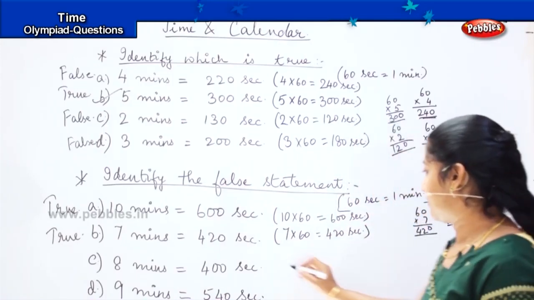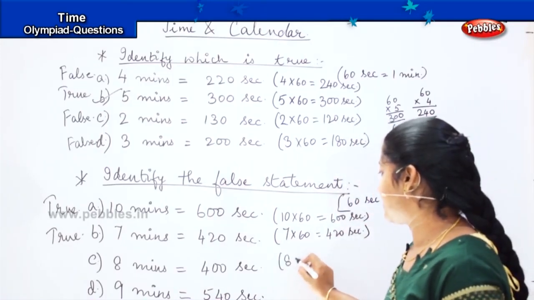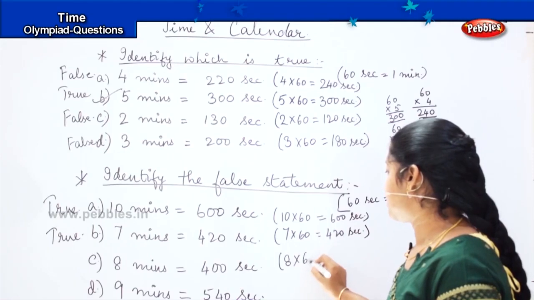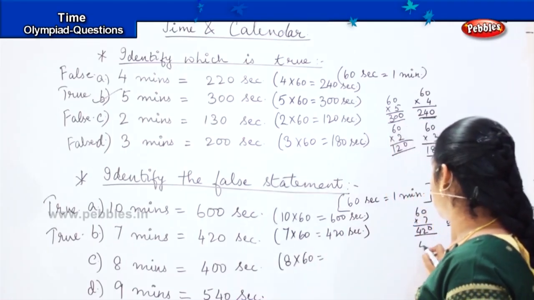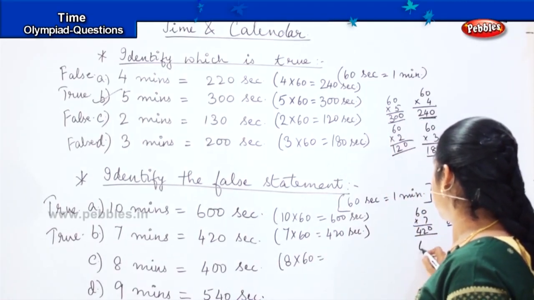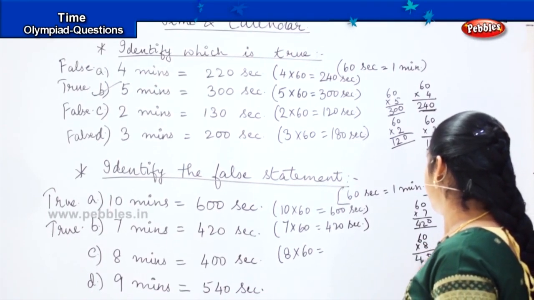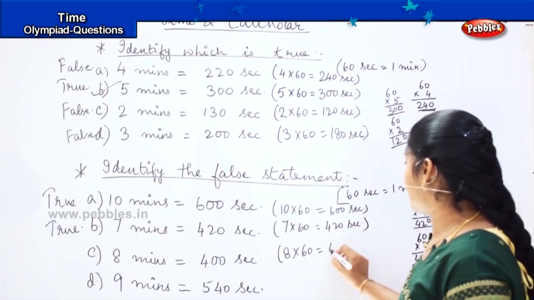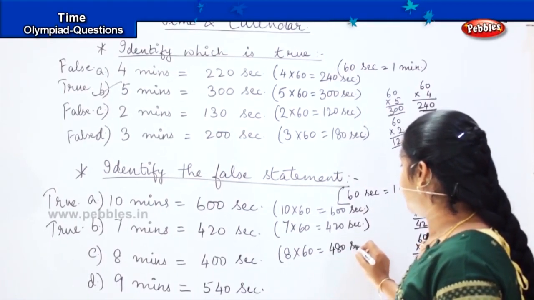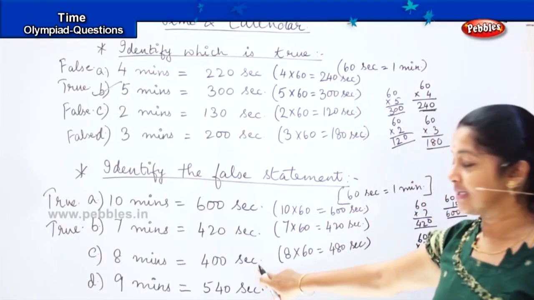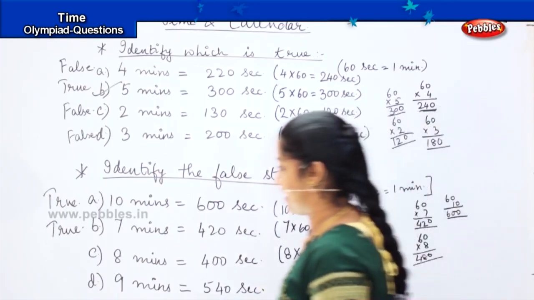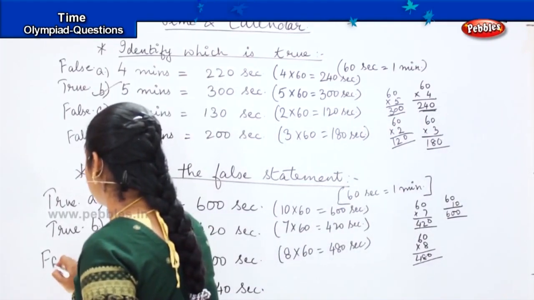What is the third one? The third one is given as 8 minutes, so 8 into 60. 6 8s are 48, so I should get 480 seconds, whereas the given answer is 400. So it's a false statement.